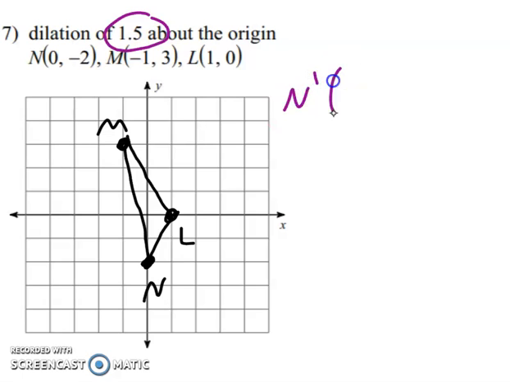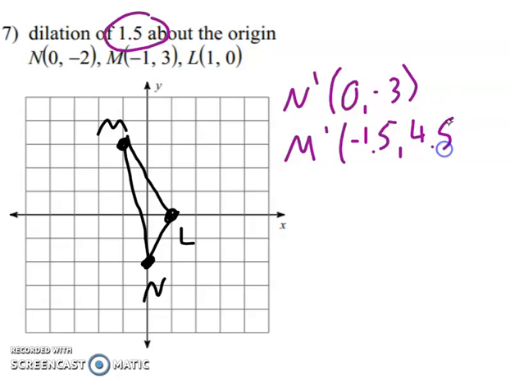So N prime turns into 0, comma negative 3. M prime turns into negative 1.5, comma 4.5. And L prime turns into 1.5, comma 0.